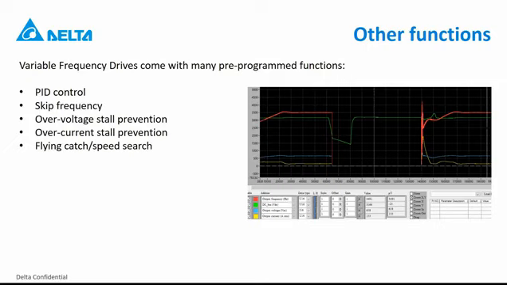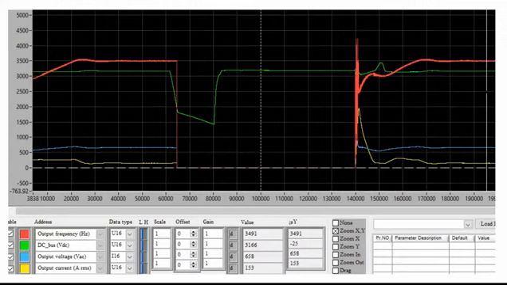So what you have in this oscilloscope, which I have here, is the flying catch function on a PM motor, and this is running in PM sensorless. So there's no feedback, there's no encoder on the motor. It's just running in PM SVC. You can see there is a power down here.